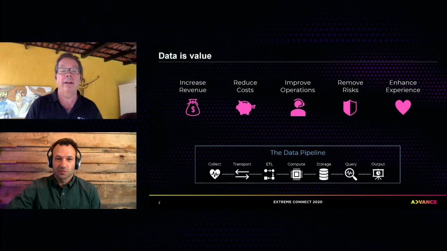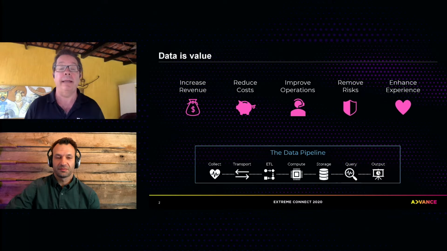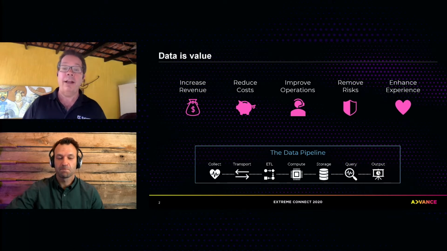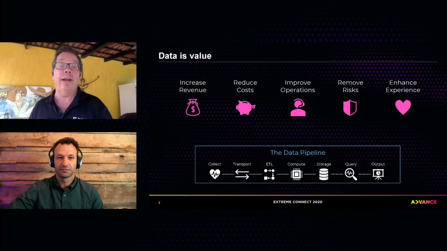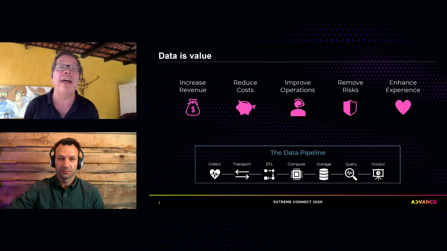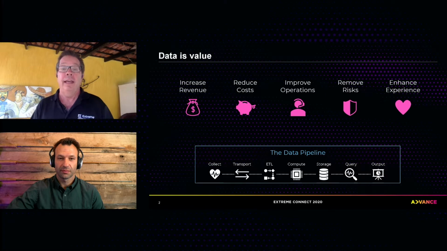Okay, so what we're here to talk about is what we call the data pipeline, and how data goes up this process to eventually find its way up into the cloud, and how you can use that as a network administrator. And we all know that data holds value. Data is power.